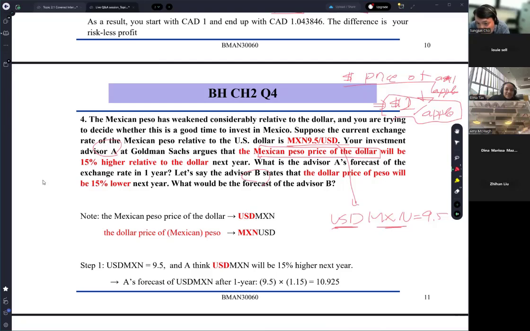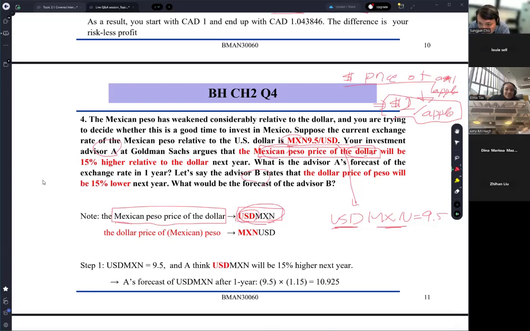So when I say Mexican peso price of dollar, then dollar is in the denominator and Mexican peso is in the numerator. So this is the symbol for Mexican peso. So we can translate this expression into USD MXN. So Mexican peso price of dollar will be 15% higher. That means USD MXN, the currency in the denominator, will have 15% higher value in the future.